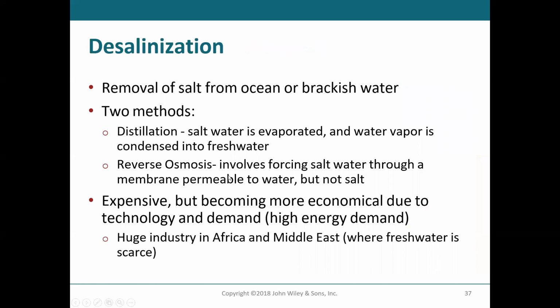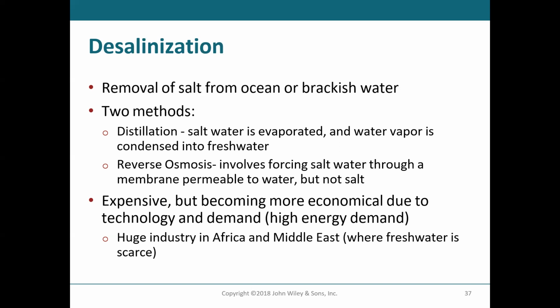Desalinization, as I mentioned: seawater and salty groundwater is starting to occur more often due to saltwater intrusion. And one of the solutions is desalinization, which is the removal of salt. It happens through two methods: distillation, in which salt water is evaporated and the water vapor is condensed into fresh water, and reverse osmosis, which is basically forcing salt water through a permeable membrane, but the salt actually stays back, so those mineral salts stay.